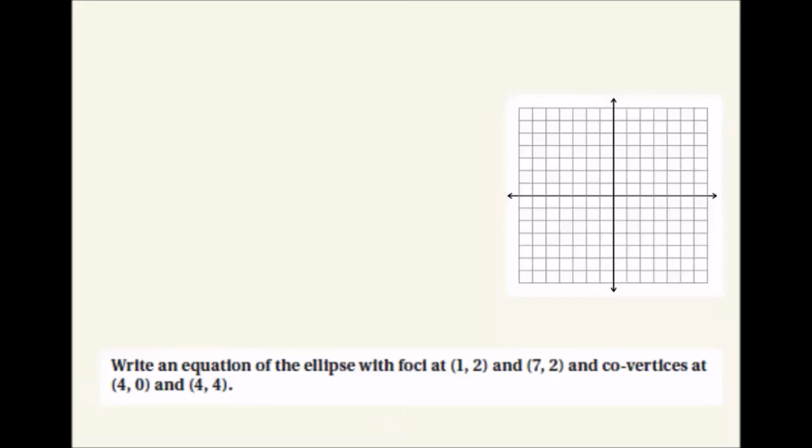So this one says, write the equation of the ellipse with foci at (1, 2) and (7, 2), and co-vertices at (4, 0) and (4, 4). I'm actually just going to graph this stuff out, it just makes it easier. So we know that this is a horizontal ellipse.